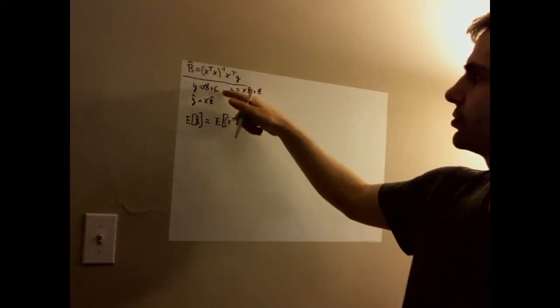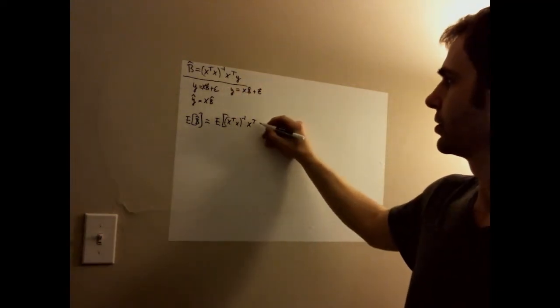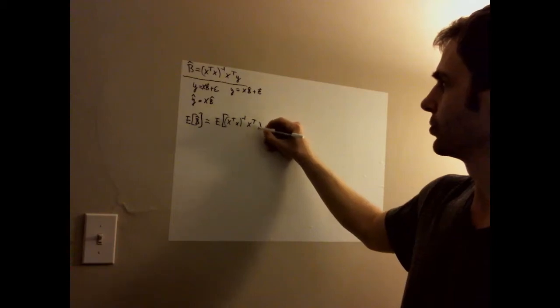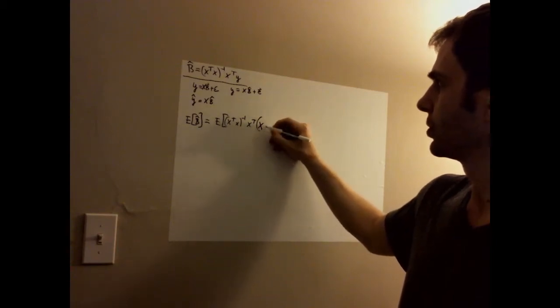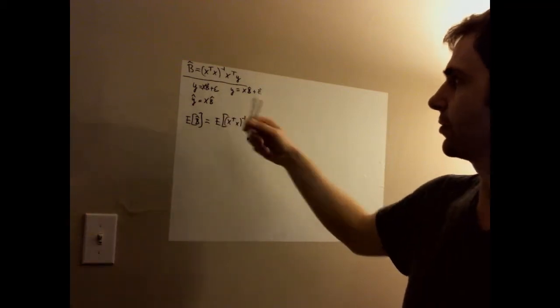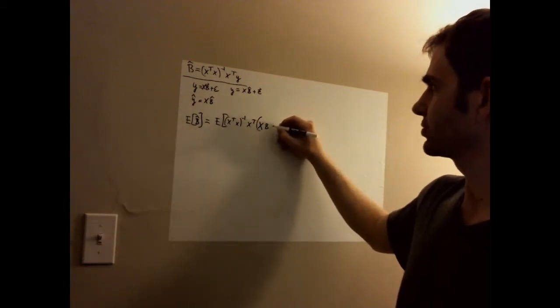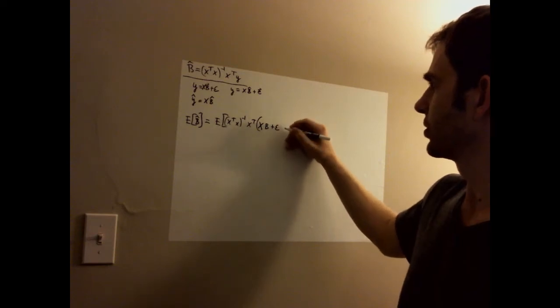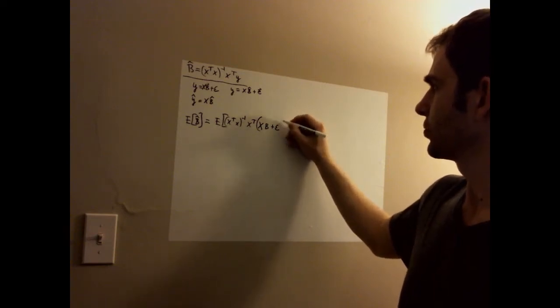I'm going to substitute this quantity with X beta, this is not beta hat, just beta, X beta plus the random error.